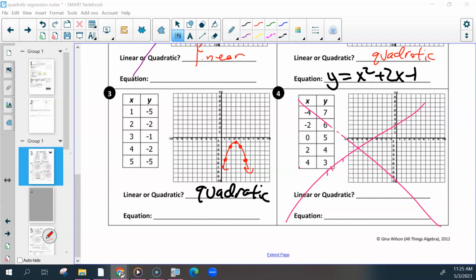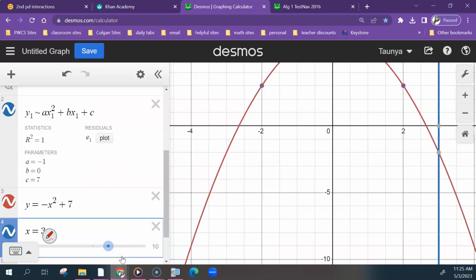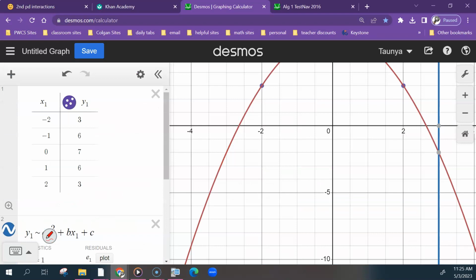So then in Desmos, we're going to put these in the table. I'm going to use the same table I already had. If you want to get rid of yours and make a new one, you can do that. Or you can just change the values of the same table that was already there. Your choice.